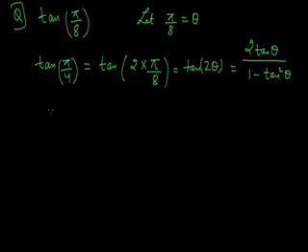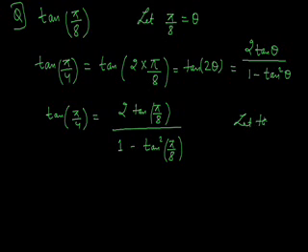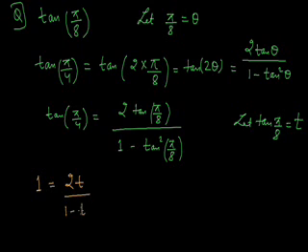So by applying this formula, you can get tan pi by 4 equal to twice of tan pi by 8 whole upon 1 minus tan square pi by 8. So let tan pi by 8 equal to t. So it will become tan pi by 4 is 1, and we have put tan pi by 8 equal to t. So it will become 1 equal to 2t upon 1 minus t square.